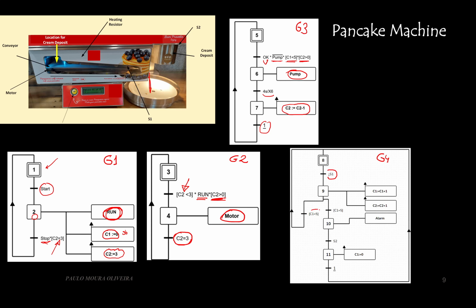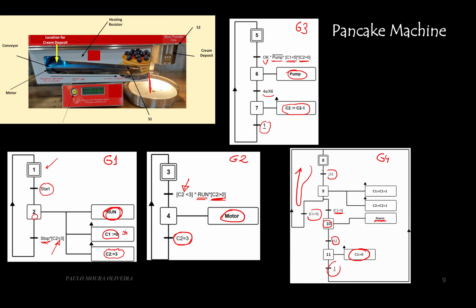We have cream, so the counter is not equal to 5, or 50. Then we go to the initial step and repeat this loop. And if it is 5, we stop. We go to this step. We issue the alarm until the operator goes and refills the deposit. S2 becomes true, we reset the counter again, and we go to the first position.